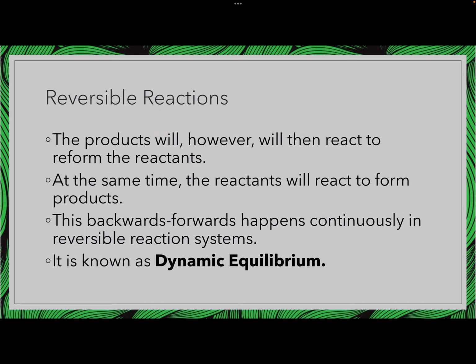And we call that a dynamic equilibrium. Okay, so much like in physics, how we have static and dynamic, static meaning not moving, dynamic meaning moving, a dynamic equilibrium has the reactions constantly occurring, constantly going, but the concentration stays the same. So we've still got that equilibrium state, but it's constantly reacting.